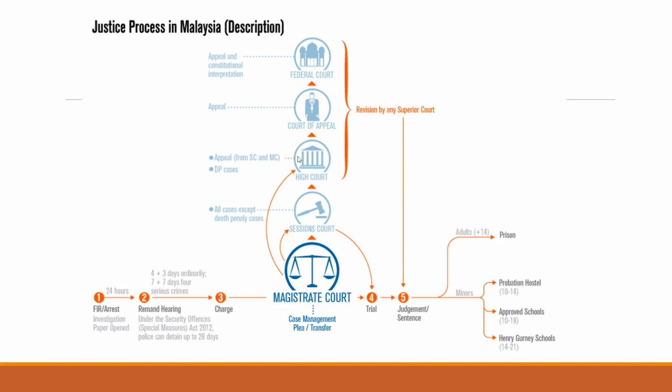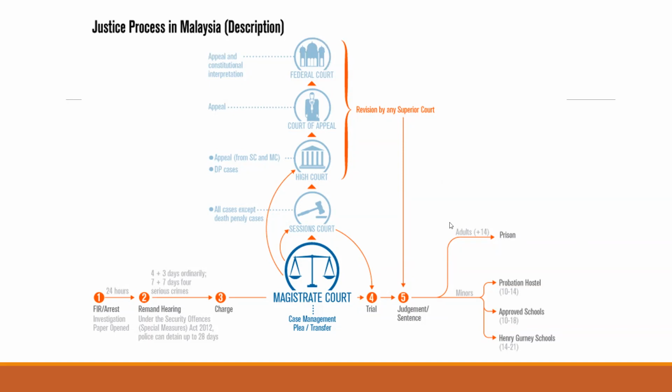Other than that, everything is lower court. If the case starts from the High Court and the accused or the prosecution is not happy with the decision, they have two tiers of appeal. They can go to the Court of Appeal and end at the Federal Court.